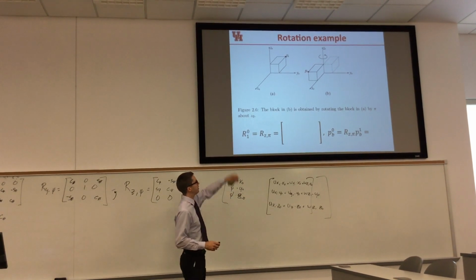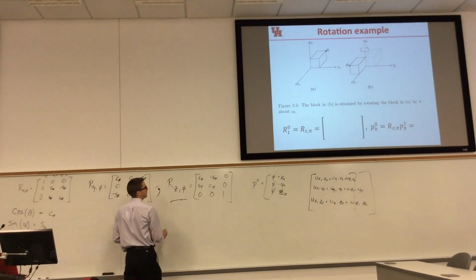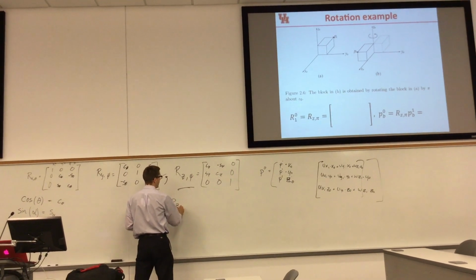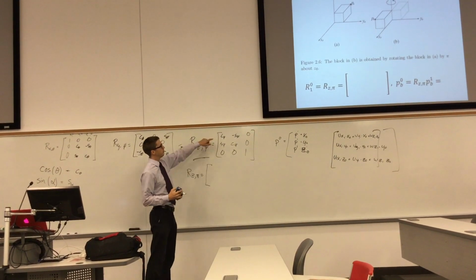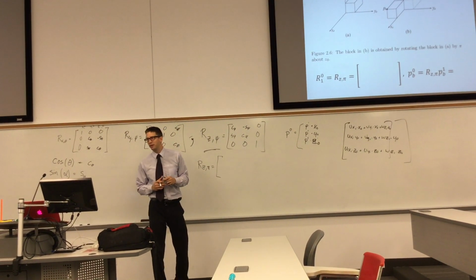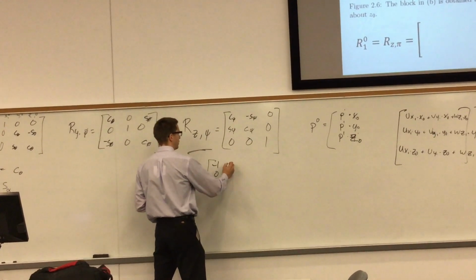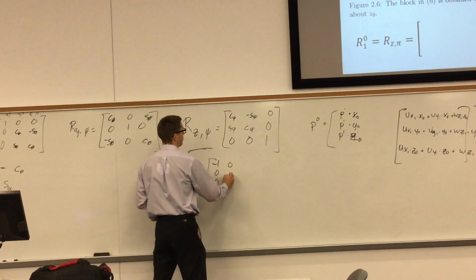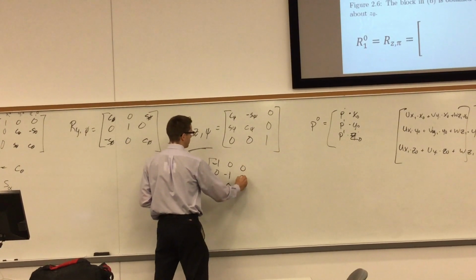And so we know what this is because we have this value right here. So R is z by pi. What is the cosine of pi? We have -1, no sine, 0, 0, -1, 0, 0, 0, 1.